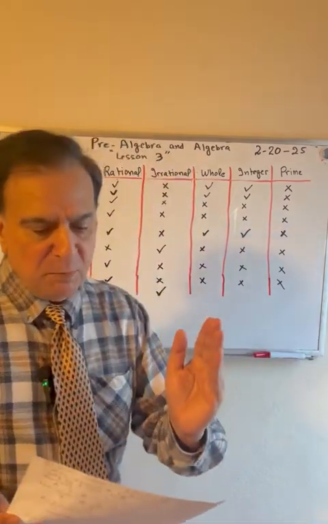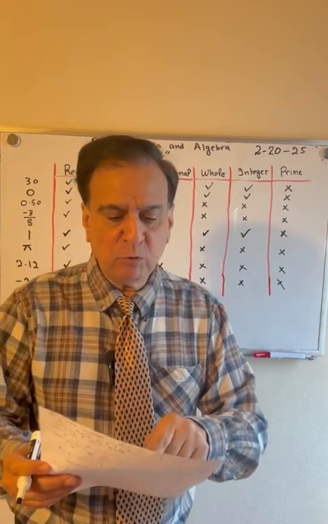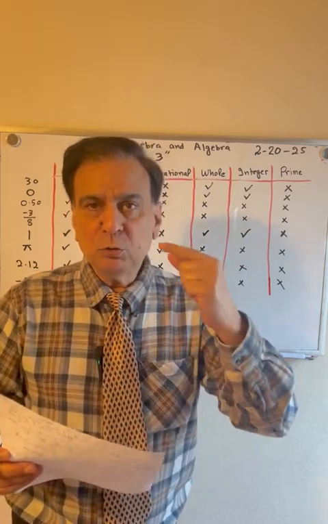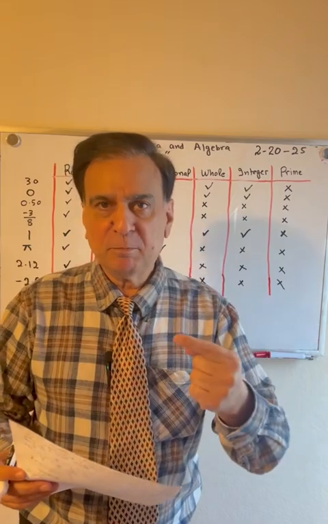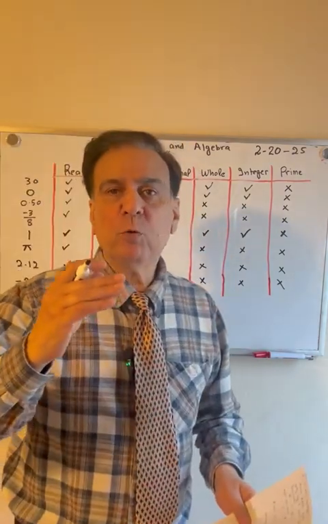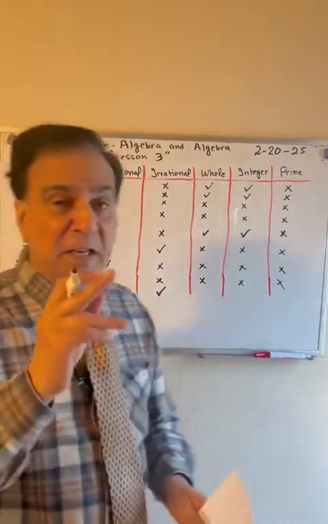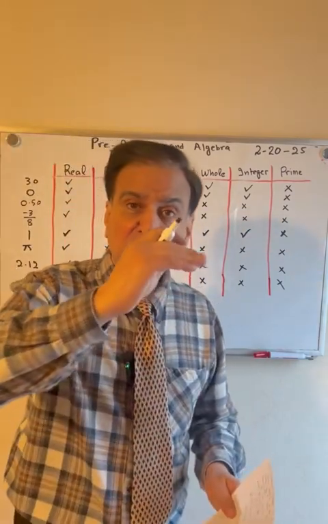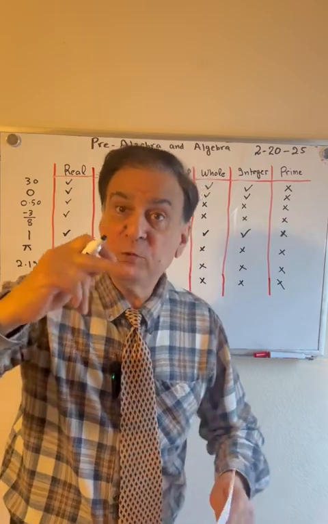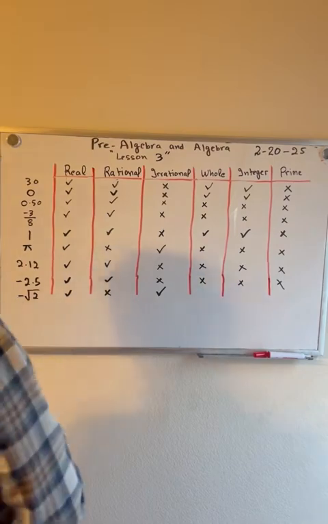The numbers after the decimal should be non-repeating. Okay. So if I say 1.444, that's not going to qualify as irrational. In irrational numbers, the numbers after the decimal have to be non-repeating. Okay. So that is irrational numbers, my friends.